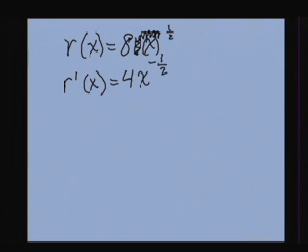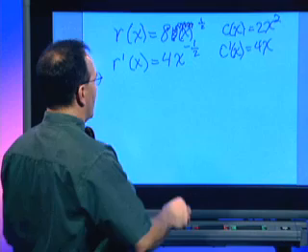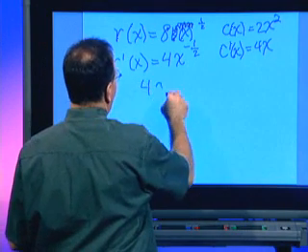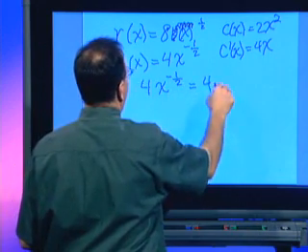For the cost function, c of x is 2 times x squared. And so c prime of x equals 4x. We set these equal to each other. 4x to the negative 1/2 equals 4x.